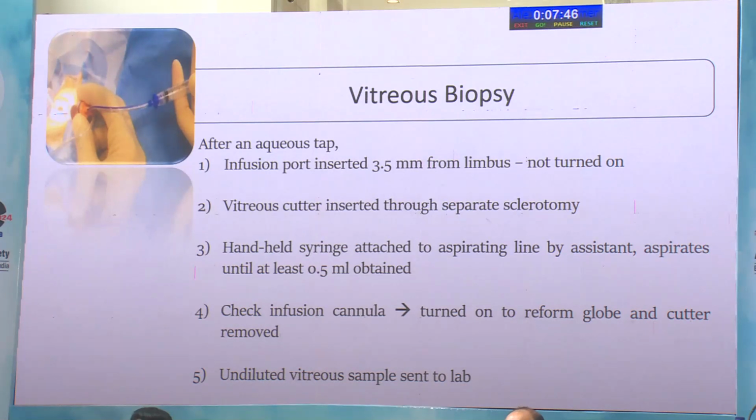Then once that is done, you can disconnect it. You can check the infusion cannula. Form the globe. Once you're sure that the globe is reformed, then you can remove the cutter. And the undiluted vitreous sample is to be sent immediately. Ideally, within the same syringe, you can label it and send it to the lab.